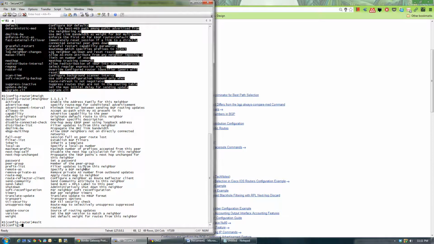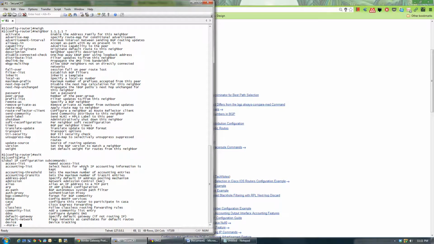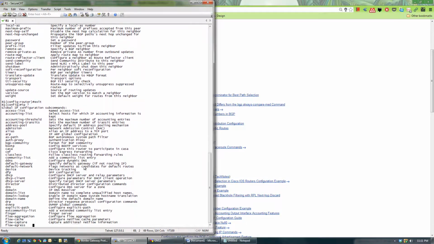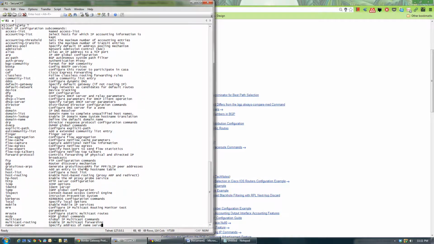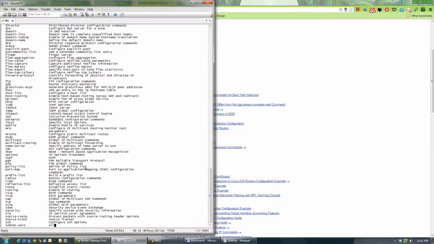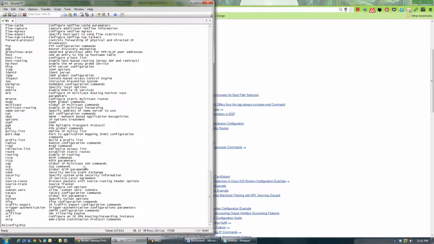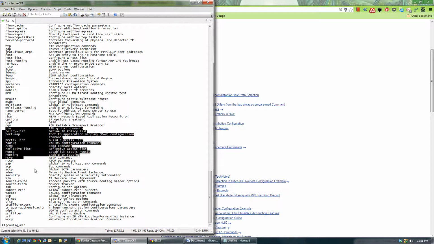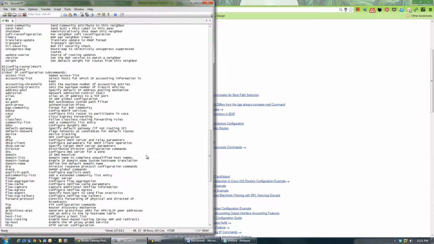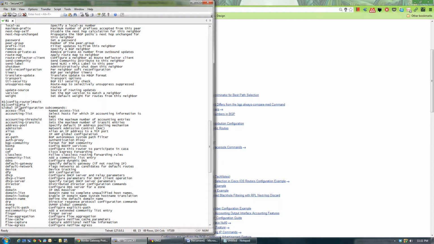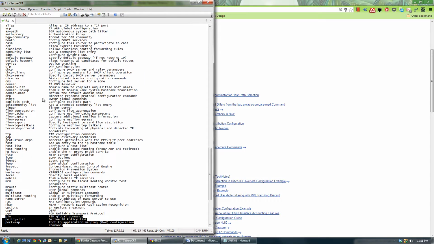now let me get out of this. So if I just type IP and then the question mark, see, there are so many commands. Suppose the workbook does not test you on these commands, just for grins, and then you stumble upon these questions in the exam, and you say, I did not practice on these things, now what? So it is a good idea to type IP and then go through the list.